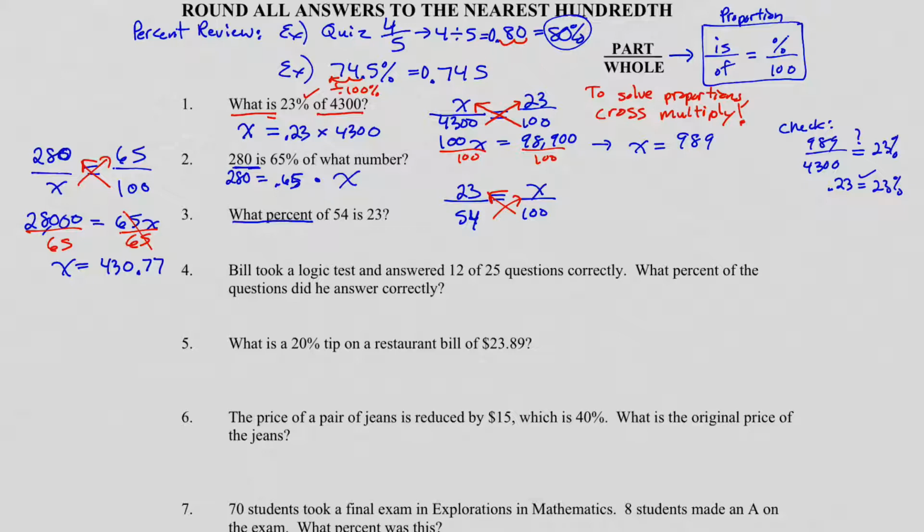Cross multiply, we have 54x equals 23 times 100. And then divide both sides by 54. And we're going to get 42.59.